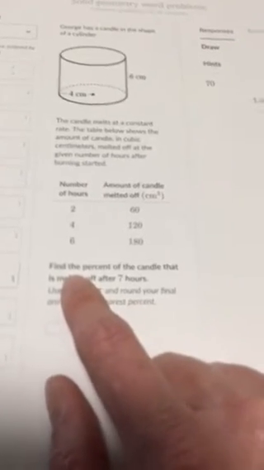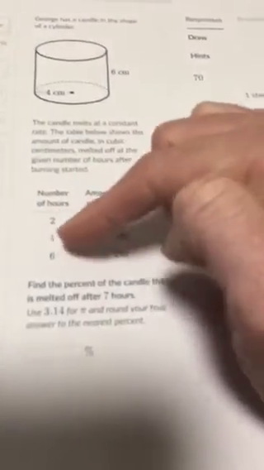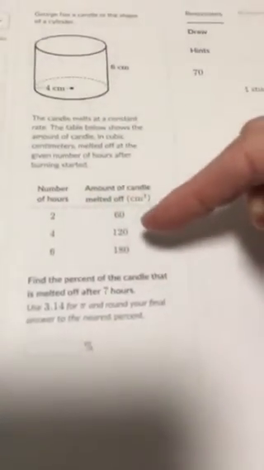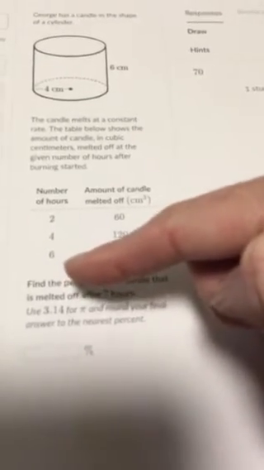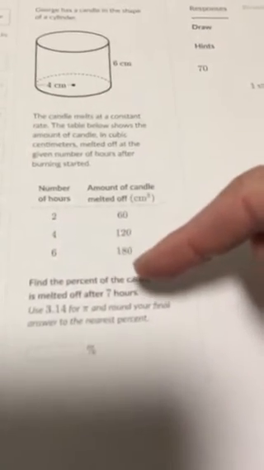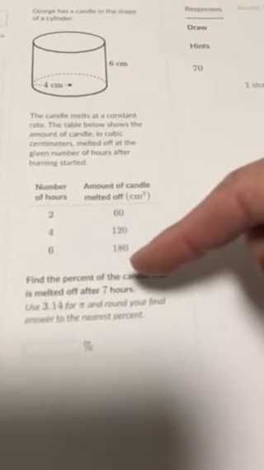But the question that they're asking here is, they want you to find the percent of the candle that is melted after 7 hours. So far we've been doing 2 hour increments here. And we realize that it's 60 cubic centimeters every time. Well, for hour number 7, there will be 30 cubic centimeters that have melted.